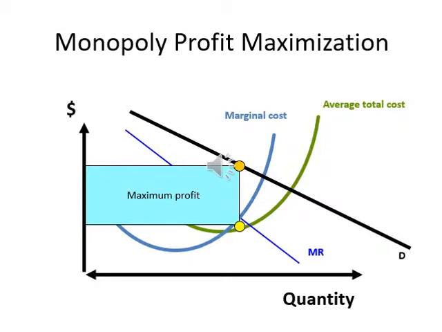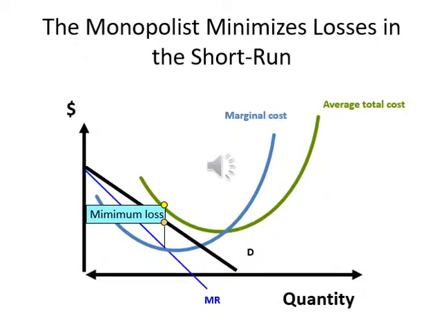Monopoly profit is maximized if P > AC where MR equals MC. If P is less than AC, the monopolist minimizes losses in the short run where MR equals MC.